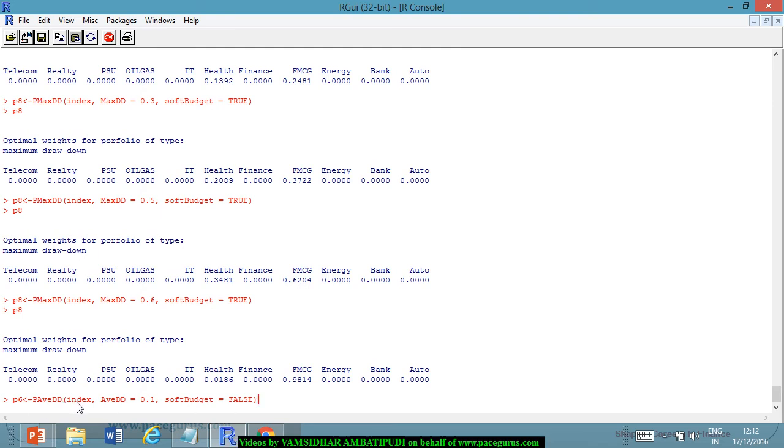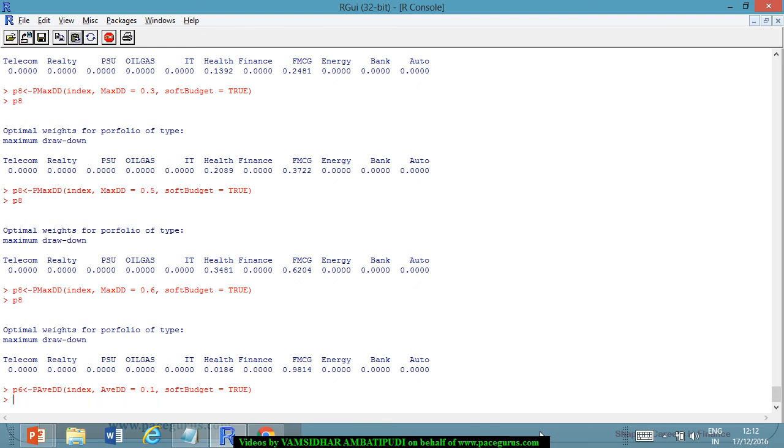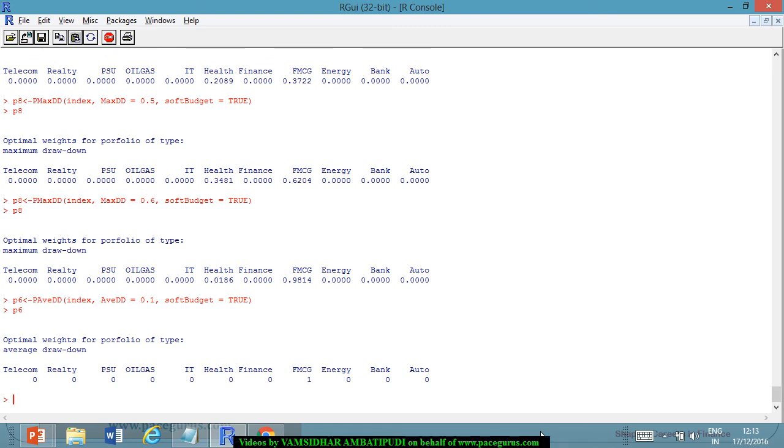Index is the price values. The average drawdown I am setting as 10%, but I am setting the soft budget as false. But I can very well set the soft budget as true as well, wherein I can get the overall allocation to be 100%.